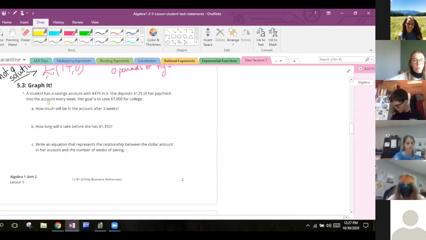So, number 1, it says a student has a savings account with $475 in it. Okay, this amount of money is already in her savings account. Okay, it says then that she deposits. The word deposits means that she's putting money into her savings account. So she is adding money to her savings account.